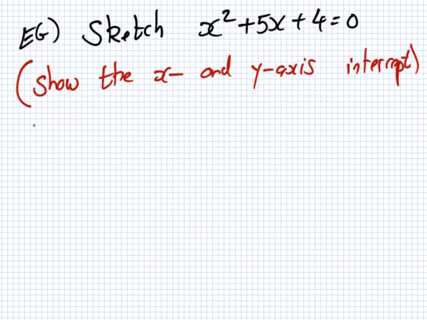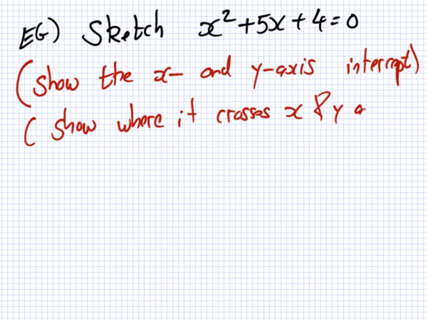Or they might also say show where it crosses the x and y axis. It means the same thing. In other words, show where it goes on the x and the y. Show where it meets the x and the y.